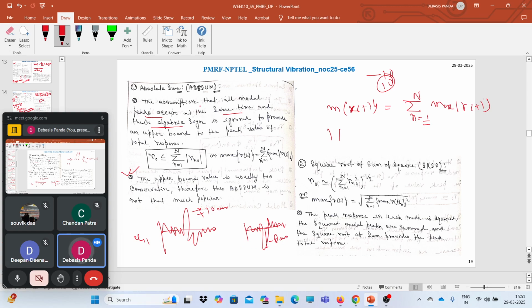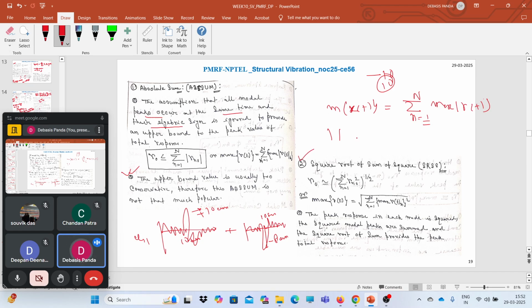Now in the absolute sum method, we are just adding the absolute values. So here we are considering that the peak responses occur at the same time point. Say if it is occurring at 10 second, it will occur at 10 second, and we add them and neglect the effect of the algebraic sign.